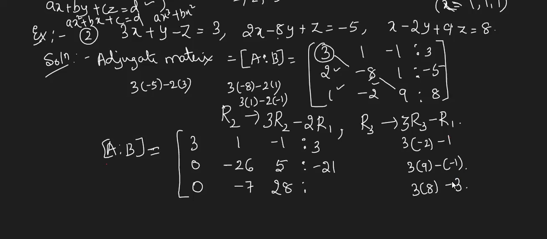21. Done. Now tell me, is it upper triangular? No, ma'am. Which element is not making it upper triangular? Minus 7. So this minus 7 should be reduced to 0 with the help of?